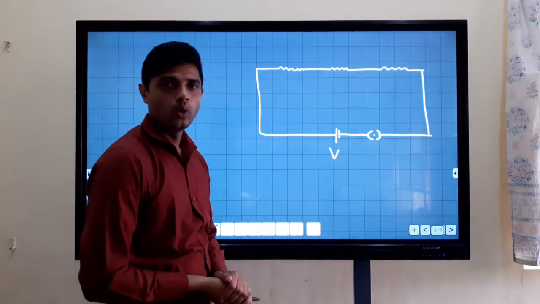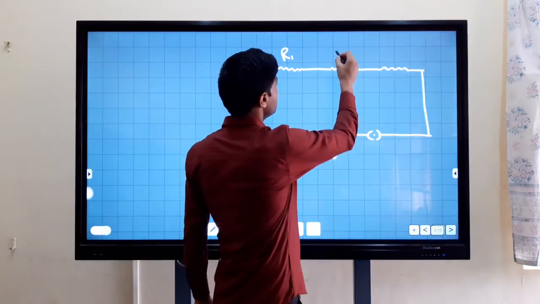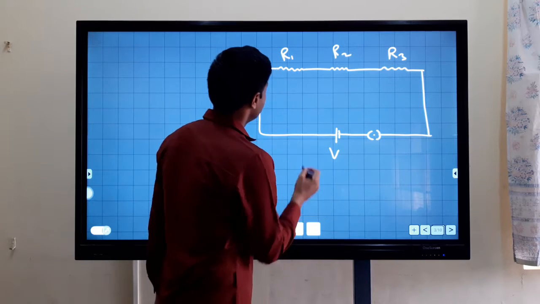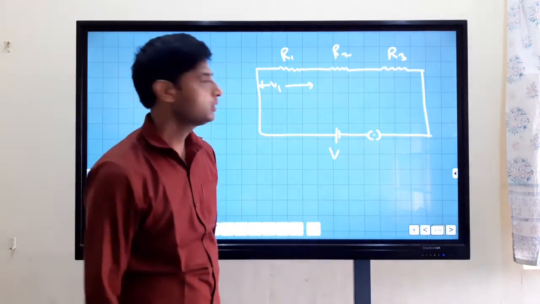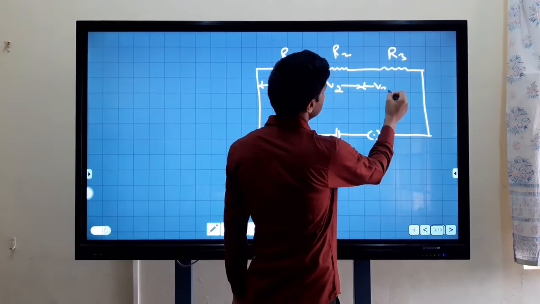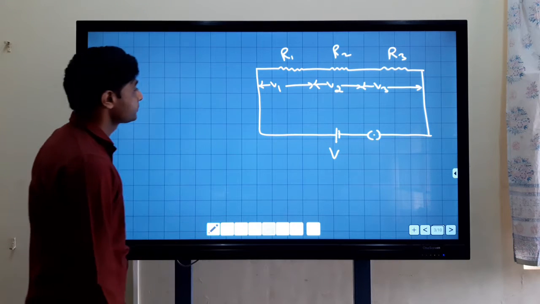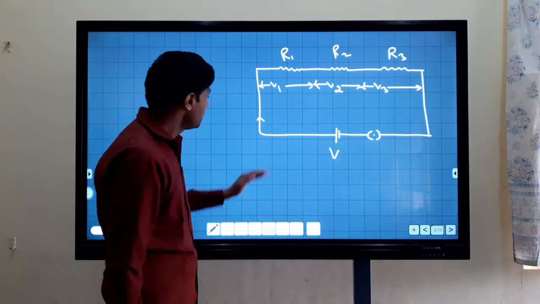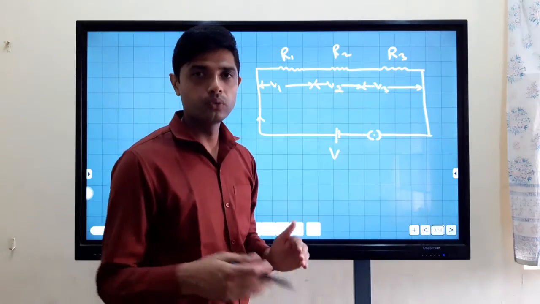This is a battery of V volt, with resistors of resistance R1, R2, R3. The voltage across the resistor R1 is V1, across R2 is V2, and across R3 is V3. Current starts to flow from the positive terminal and only one path is available for the current to flow.